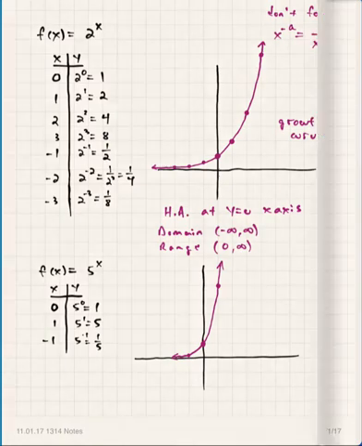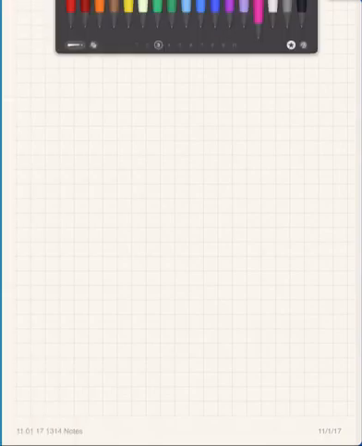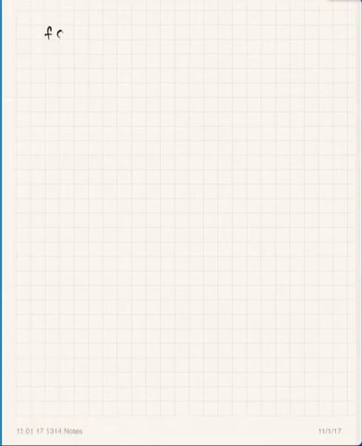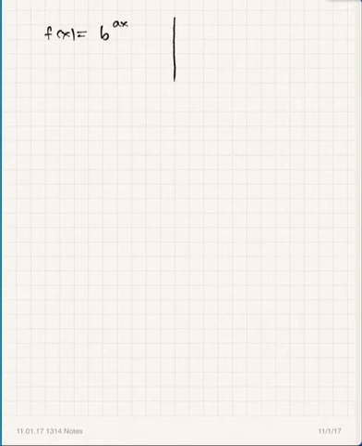Notice that when you have a function that's written exactly in this form, b raised to the ax, in general, when x is 0, I'm making a little table of values here, these functions always go through 0, 1.